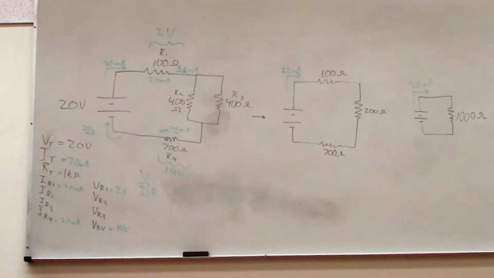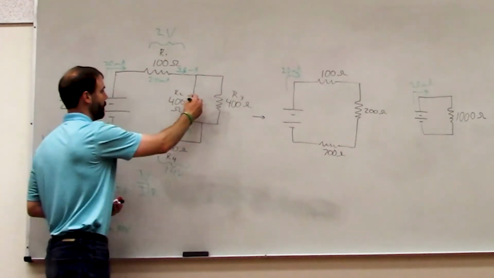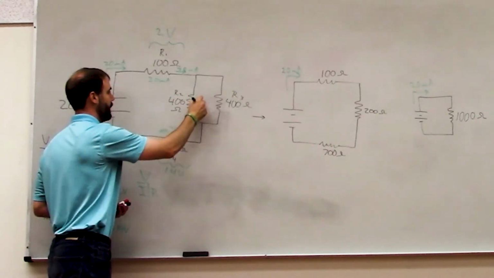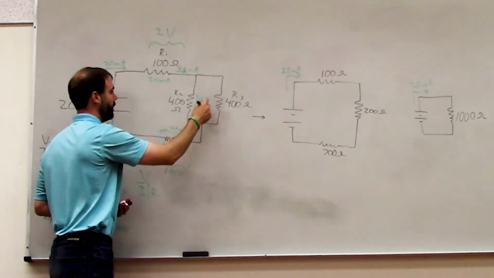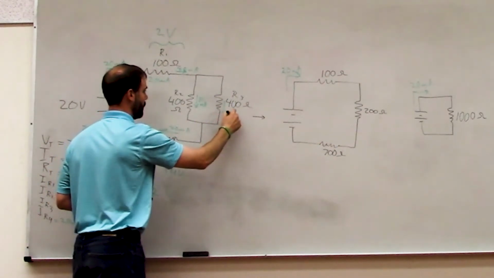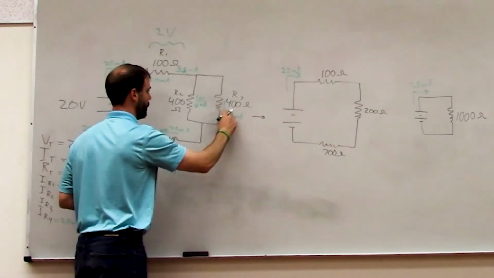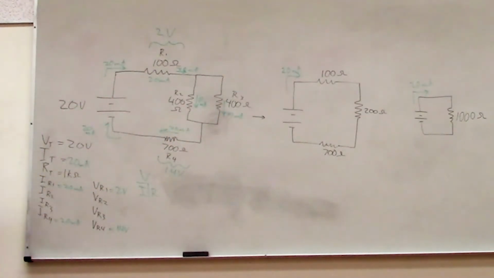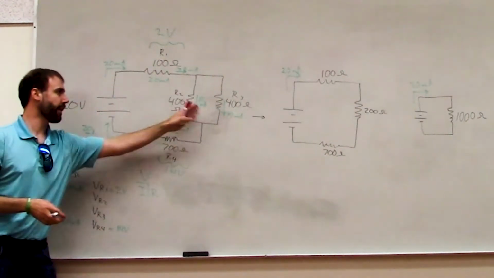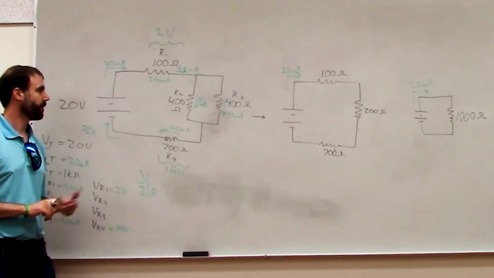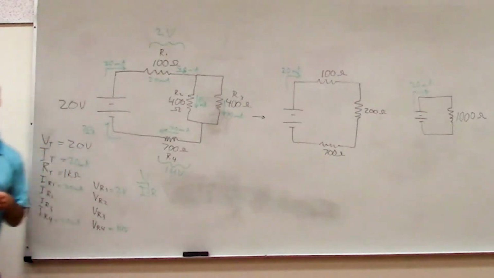So they would split the current evenly. So how much current should be flowing down this side? 10 milliamps. Yeah, 10 milliamps there, and the same on the other side, right? So the current divides half and half because each side has the same amount of resistance.